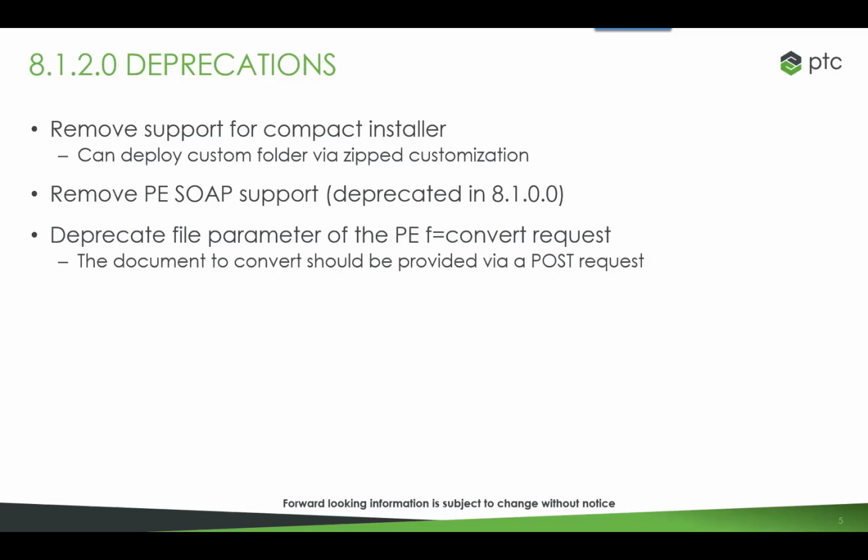And then the file parameter of f equals convert requests for Publishing Engine will also be deprecated. This shouldn't affect applications in that you're still able to send the document to convert in a post request, so send the document along to Publishing Engine. It's just that this file parameter would allow you to convert something that was already on the Publishing Engine server, and that will be deprecated going forward.